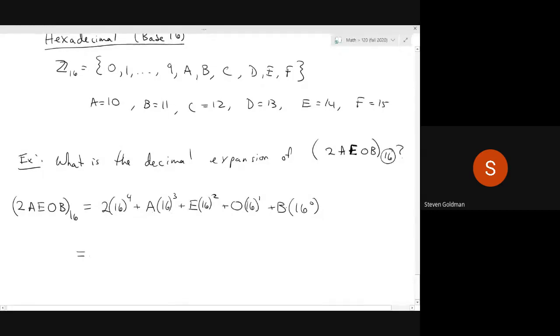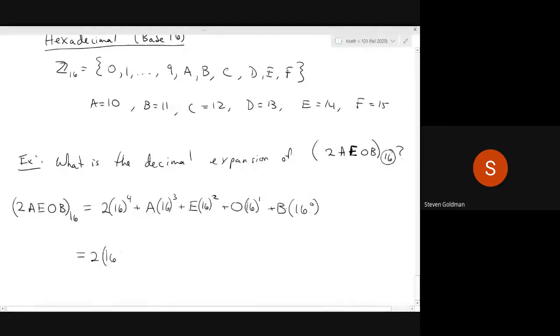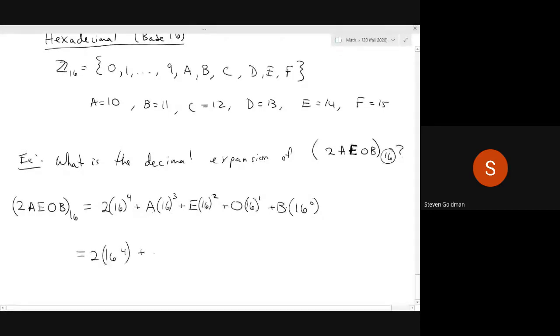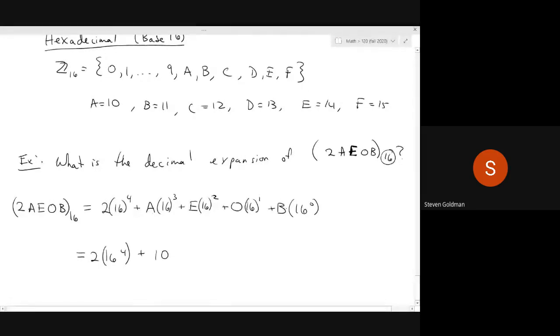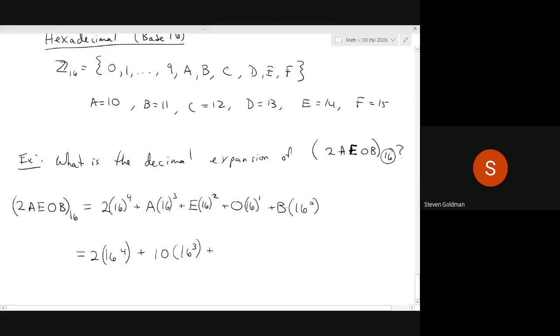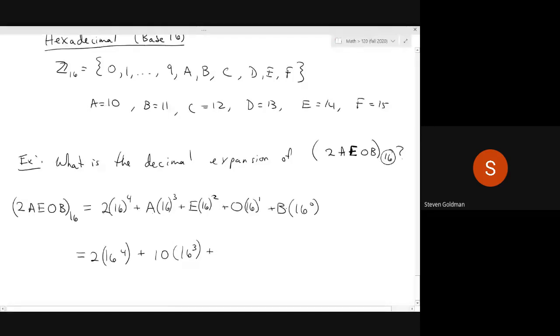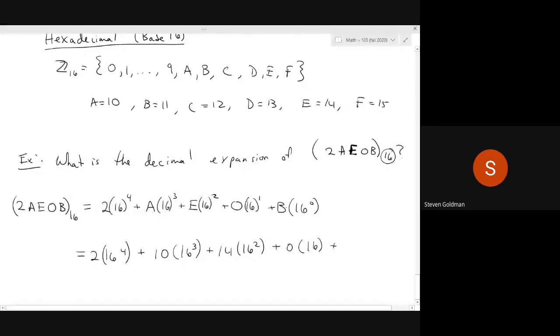So I'm going to write this as 2 times 16 to the 4th, plus A is 10 times 16 cubed. E, we said, is 14, so plus 14 times 16 squared, plus 0 times 16 to the power of 1, plus B is 11. 16 to the 0 is just 1.